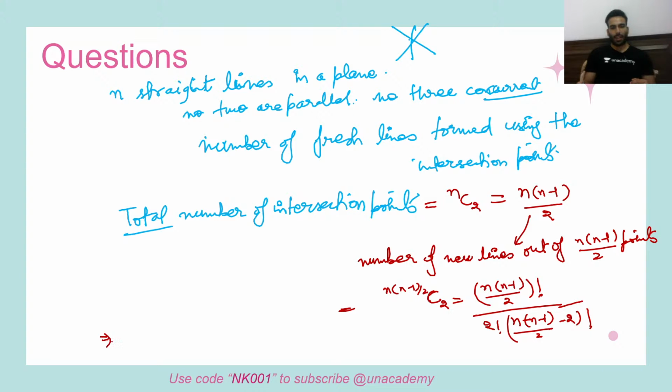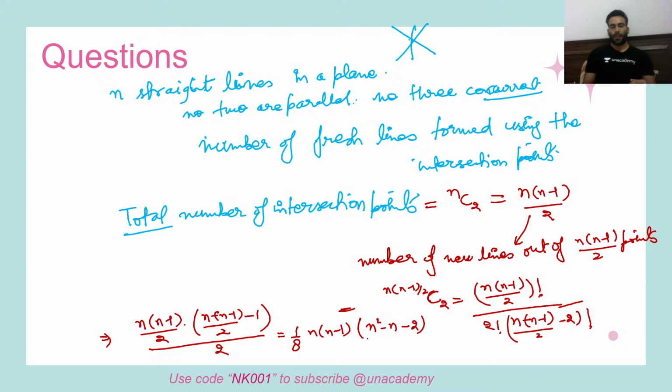I'll write it like this: n into n minus 1 by 2 into n into n minus 1 by 2 minus 1, upon 2. Simple. As you can see, 1 by 2, 1 by 2, so I can pick 1 by 8 common here. Now first term n minus 1 as it is. Let's solve this. It will be n square minus n minus 2. If I try to factorize this, what will I get? 1 by 8 n into n minus 1. n I can take common. If I take n common, so this is n square minus 2n plus n minus 2, right? So how can I write it? Like this only.